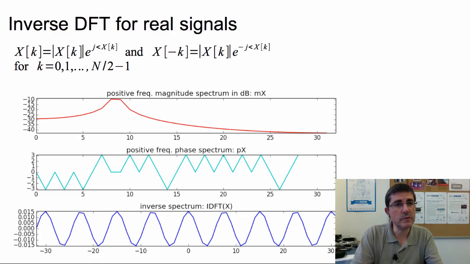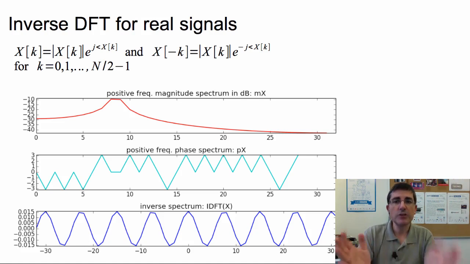Okay, and then if we do the inverse DFT, we apply that equation to this whole spectrum, capital X of k, we will get back a real sinusoid. This is a sinusoid that has the length of the spectrum we started from. In this case, it's 64 samples. The spectrum had 32 positive samples and 32 negative samples, and the inverse Fourier transform has these 64 samples of a real sinusoid.